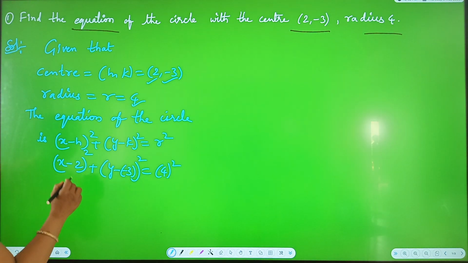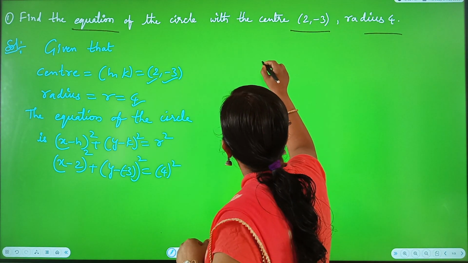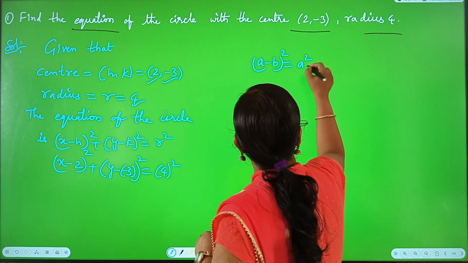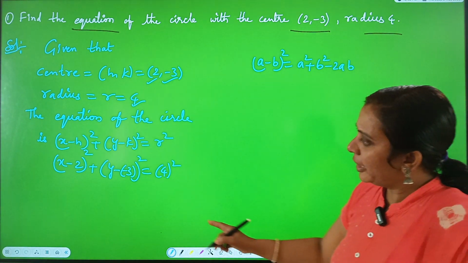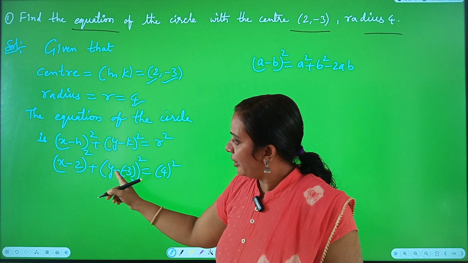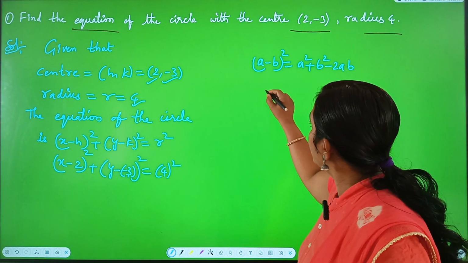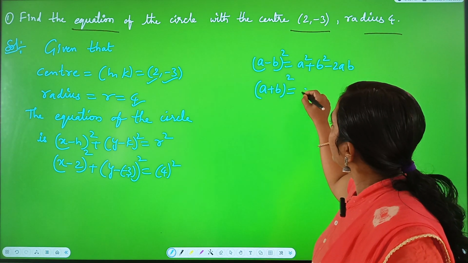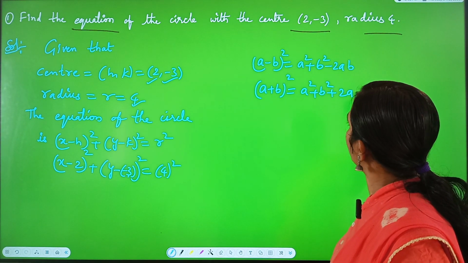Now expand using the suitable identities. One is (a minus b) whole square equal to a square plus b square minus 2ab. And here you observe, y minus of minus 3 is y plus 3, so that is suitable for the (a plus b) whole square identity, equal to a square plus b square plus 2ab.